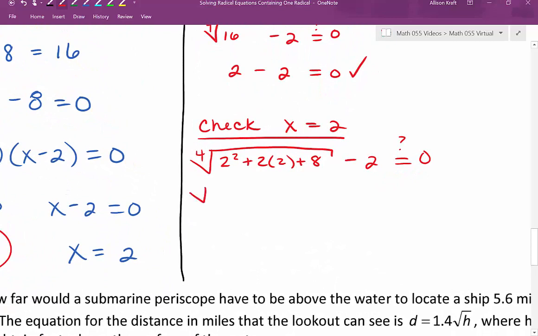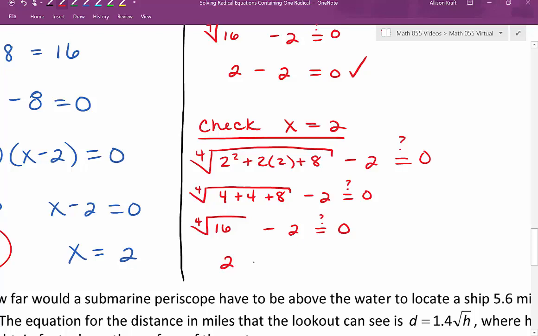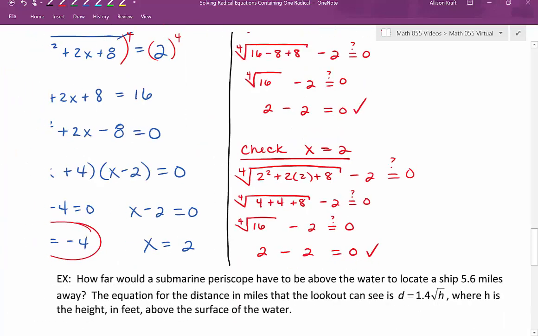Cleaning up under our radical, it's going to be 4 plus 4 plus 8. It's going to give us the fourth root of 16. And the fourth root of 16 is 2. 2 minus 2 does equal 0. Both solutions are valid.